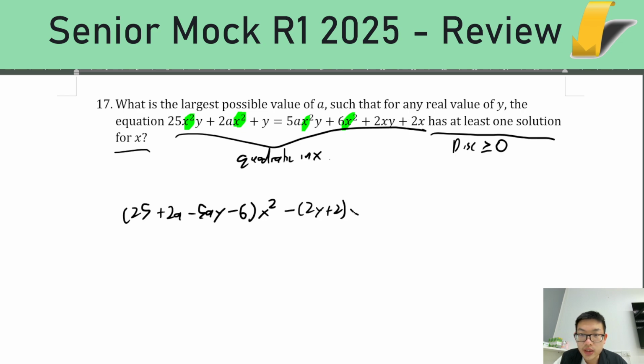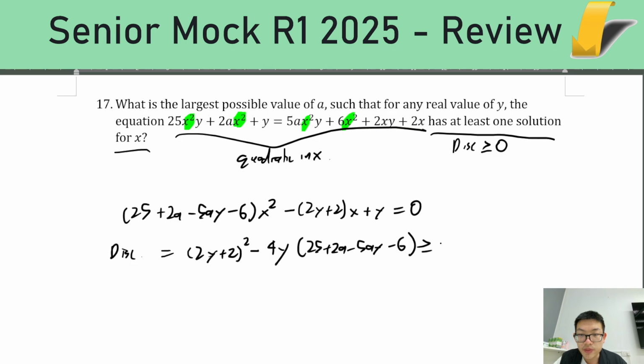There's a couple of x terms there. And so your discriminant must be greater than or equal to 0 for any real value of y.